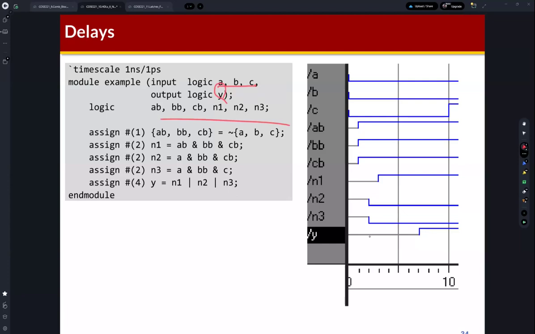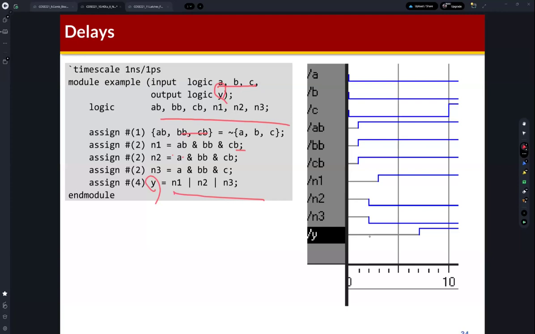A, B, C determine AB, BB, CB, and then the internal nodes N1, N2, N3 are determined by AB, BB, CB and the input signals. Finally, the output signals are determined by the internal nodes N1, N2, N3.